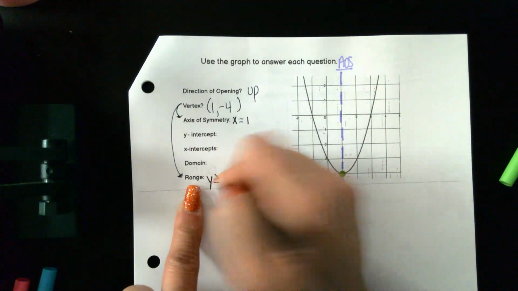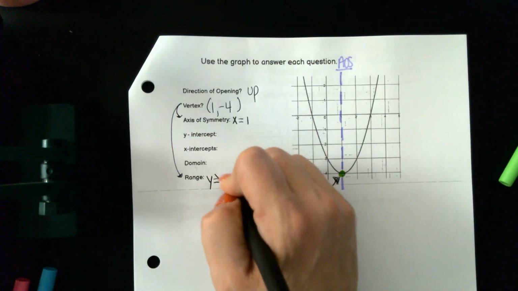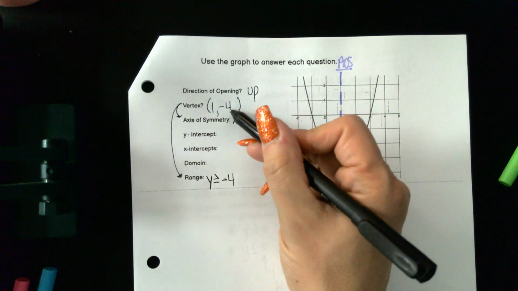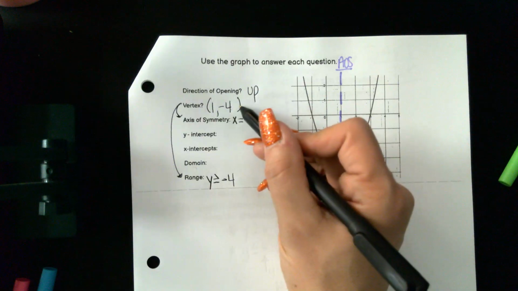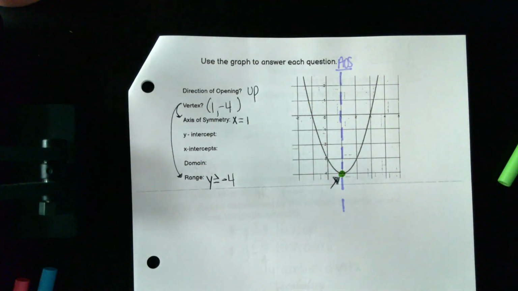Greater than or equal to. If it had been facing down, we would have put less than or equal. And then, what's the y-coordinate? -4. So again, you just get that from right there. So as soon as you know your vertex, you have two other answers, which is really helpful. Okay?